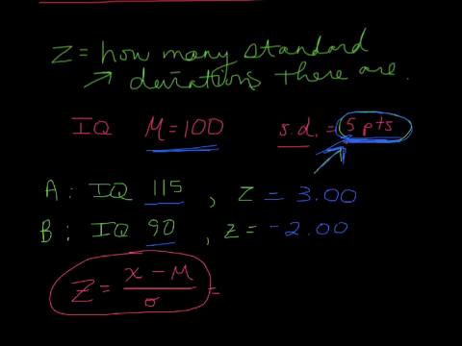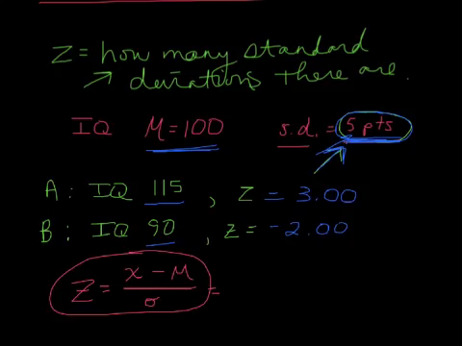The nice thing about z-score is it basically allows me to compare different people. So if I work in admissions and I have a Virginia student that took the SAT and a Tennessee student that took the ACT, I can't compare their scores and tell which is a better student because the SAT is out of, I think, 2,400, and the ACT is out of, I don't even know, 36 or something.